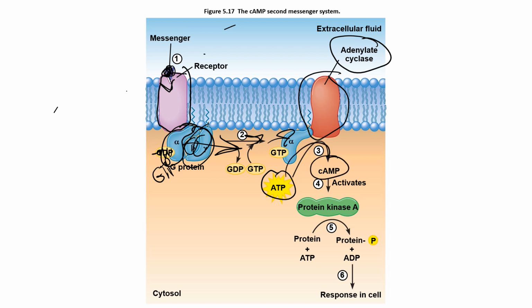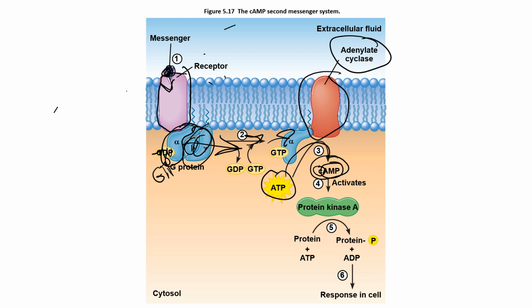What is involved here is you strip 2 phosphates off of ATP, which makes AMP, adenosine monophosphate. If you remove 2 phosphates off of adenosine triphosphate, you're left with adenosine monophosphate. That's where the AMP comes from. And cyclic means this gets turned into the shape of a ring.